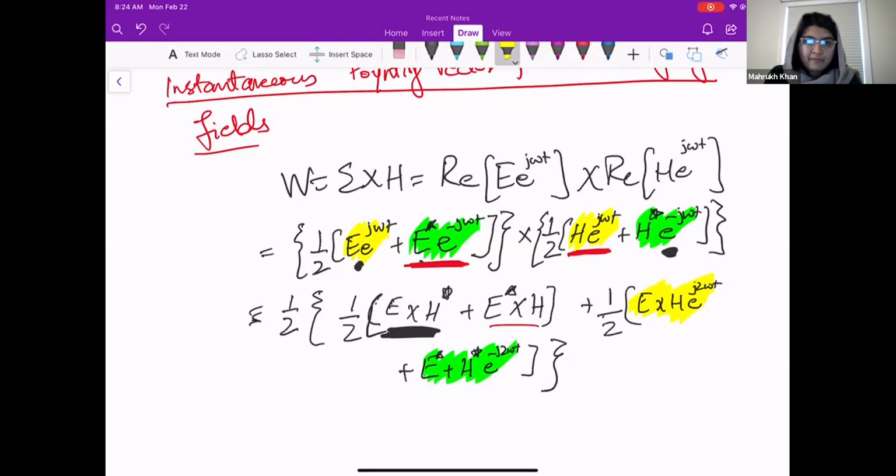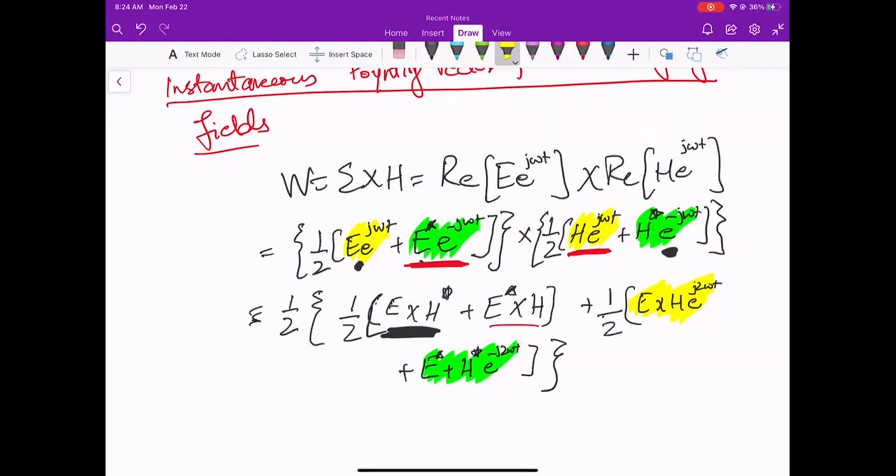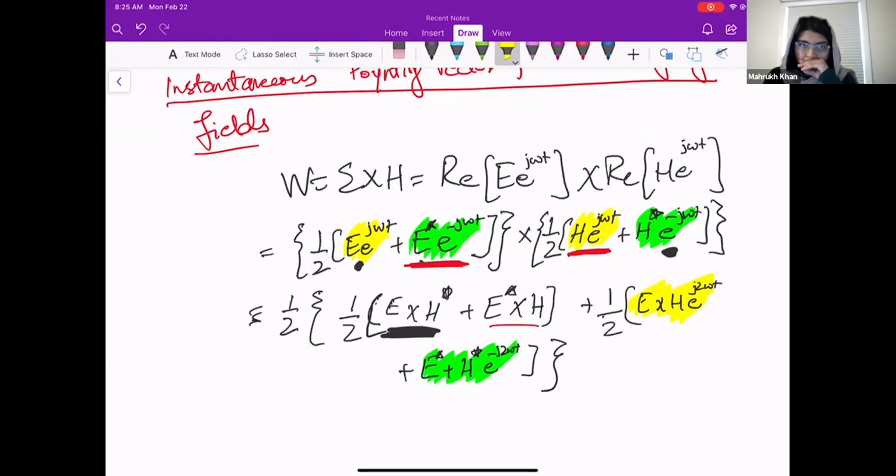So it becomes 1/4. We will take 1/2 outside and the other 1/2 is still inside. Is there any reason why we just don't pull out the 1/4? Yes, I want to make another expression. That's why.